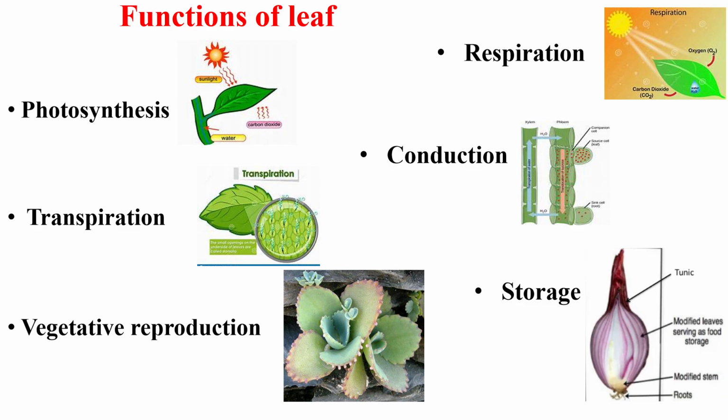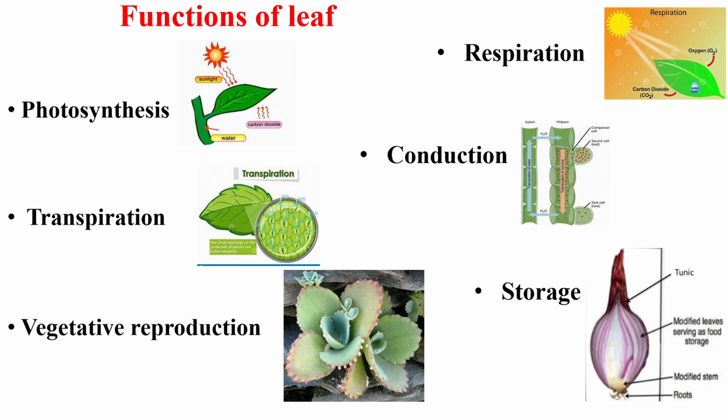In transpiration, the leaves and aerial parts of plants lose water in the form of water vapor through stomata. In conduction, transpiration produces suction pressure which pulls the water column up to the apex of the trees. Leaves also do the storage function.